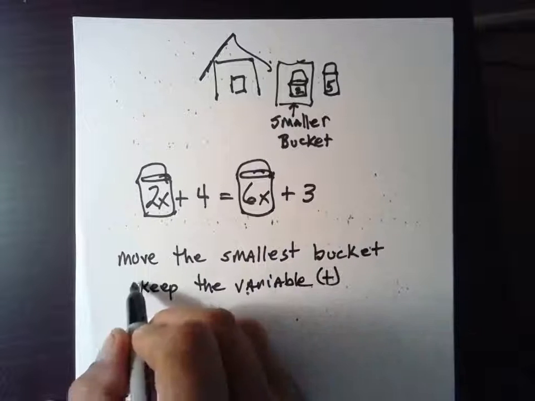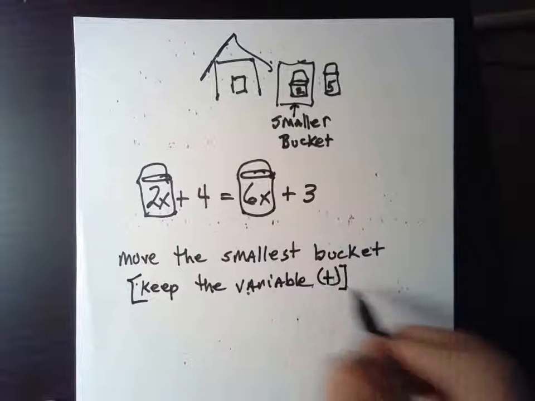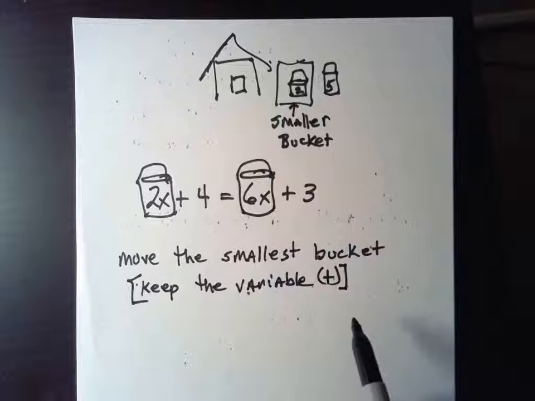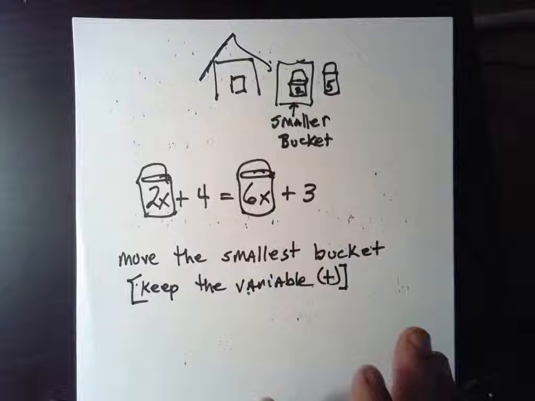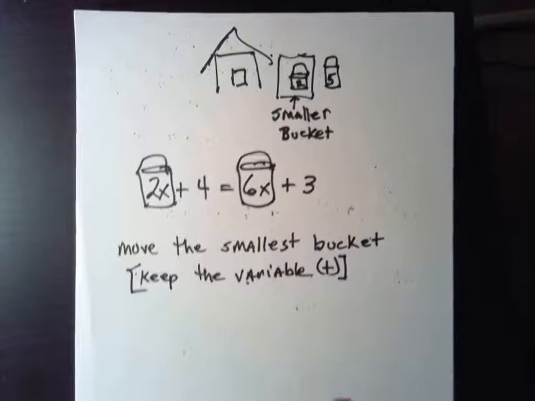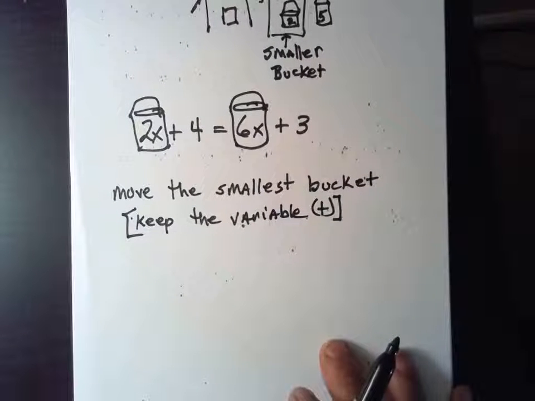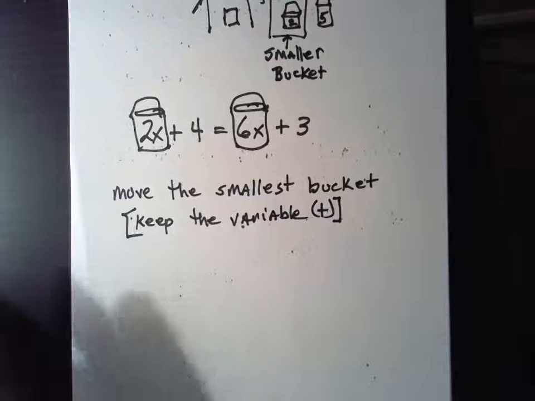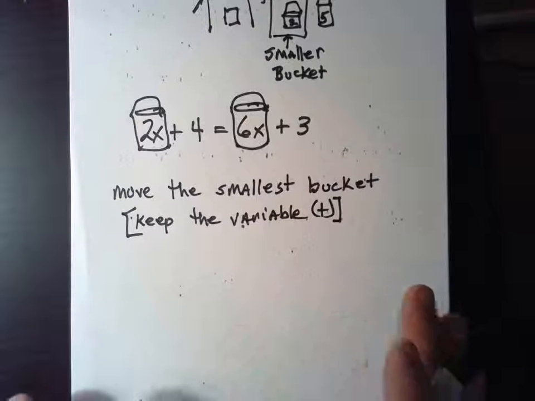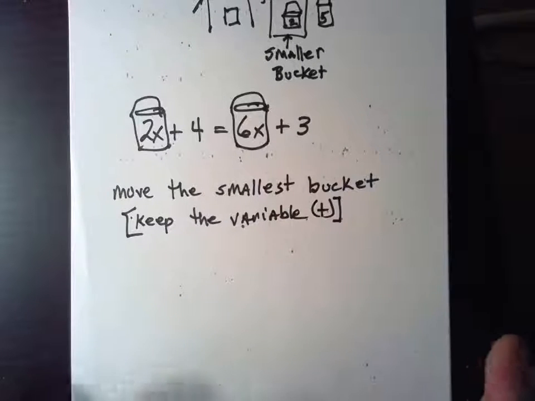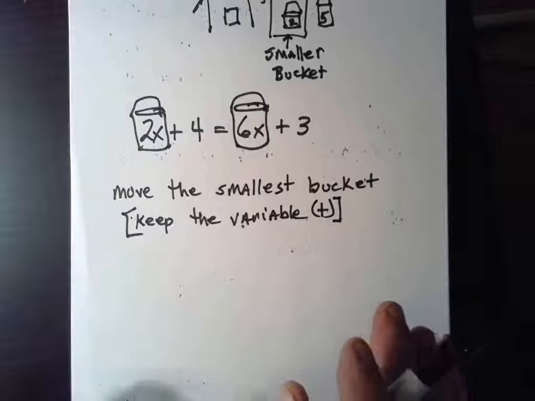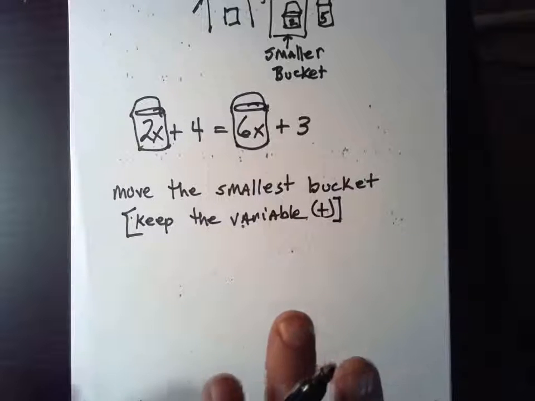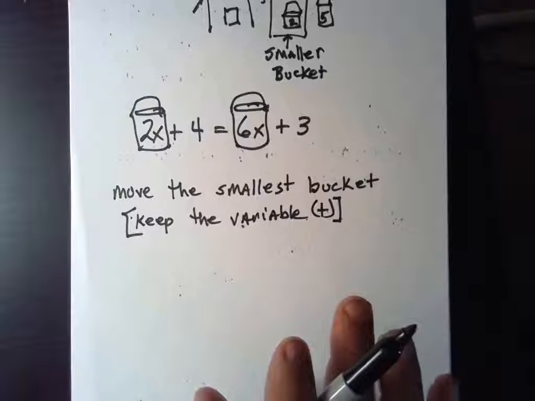Now, the reason I tell students to do this is, again, on a standardized test or on a test where you are timed, sometimes due to time, you may forget that, oh, I have to divide 3 by a negative and then I have to change the inequality. So there's 1 to 2 steps that you can avoid if you keep the variable positive. Now, granted, on some inequalities you can't.